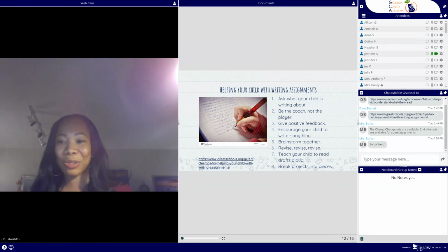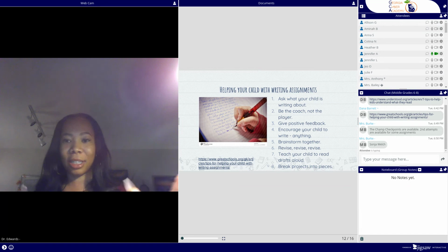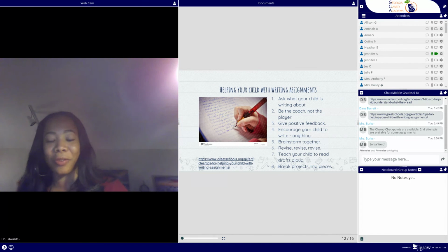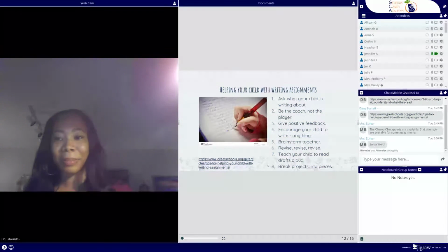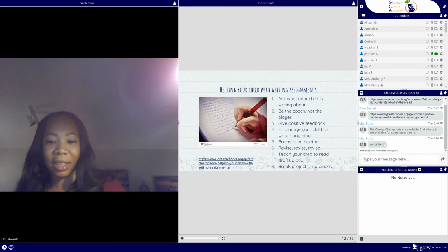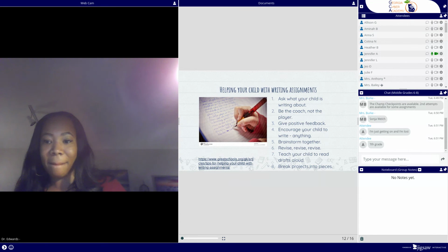Anything else for the good of the group? Nothing individual, because we don't want to get muddy with personal student information. Okay.